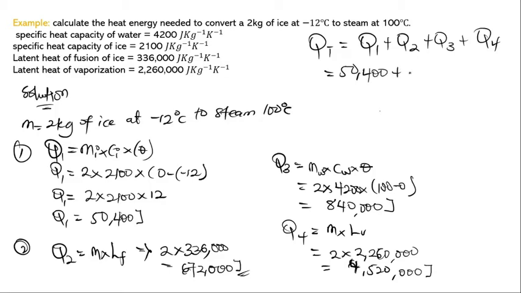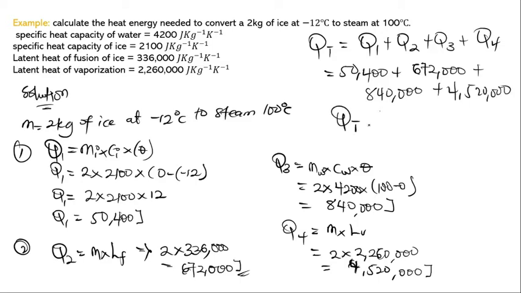So we have the sum of 5,400 plus 672,000 plus 840,000 plus 4,520,000. So our total heat, let me use blue for that.